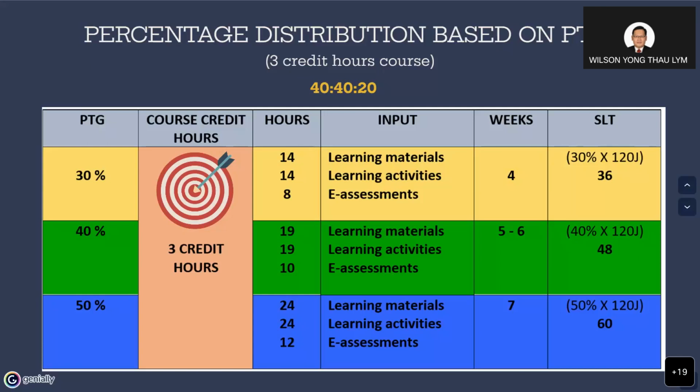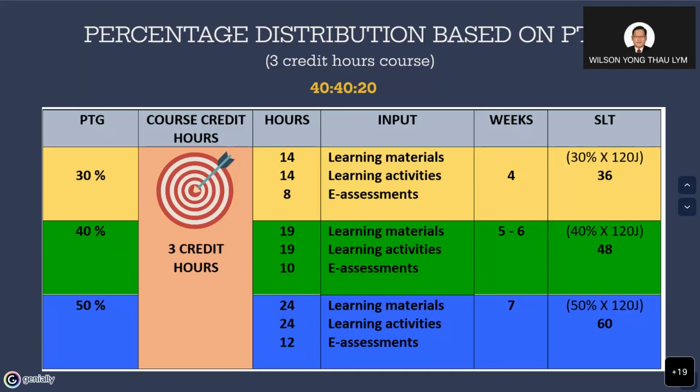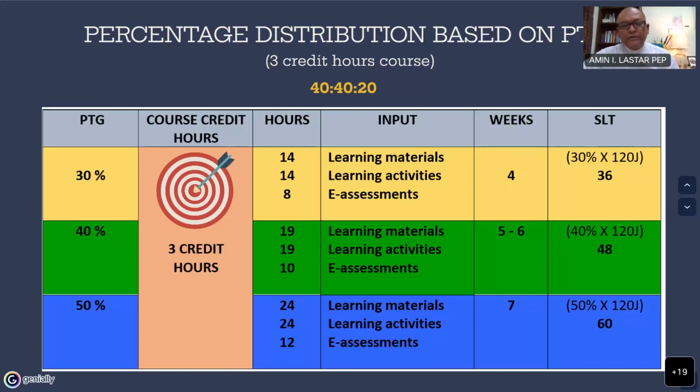All right. So later on, I will show you a similar table on the different ones. So meaning to say you don't have 2 credit hours, Dr. Wilson? Yeah, we had 2 credit hours before, but we are converting to 3 now. Good. Okay, it's fine. Because we have prepared the 2 credit hours, 3 credit hours, and 4 credit hours tables. Right now I'm using 3 credit hours because most of our courses here in UMS are 3 credit hours. Okay.